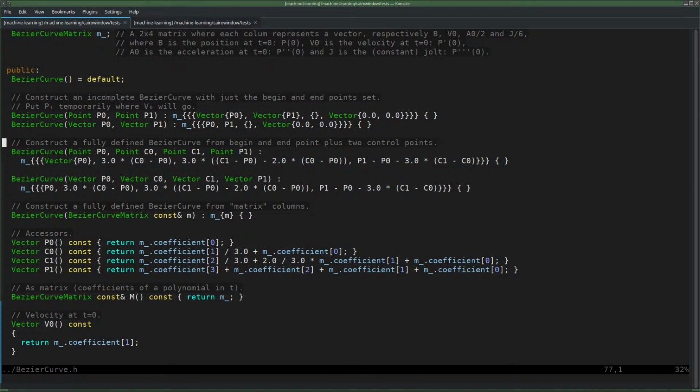So if I did have the control points C0 and C1, I could construct the whole thing in one go. And I think these two are just the same, just accepts either vectors or points, which of course are both two-dimensional. So it doesn't really matter. Same thing here.